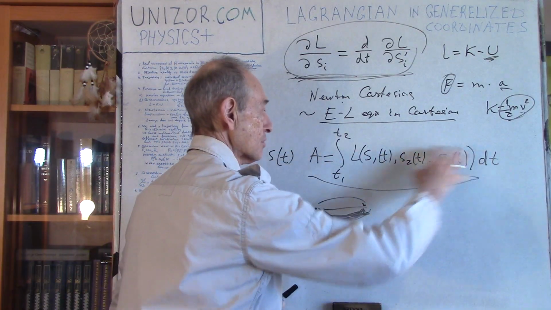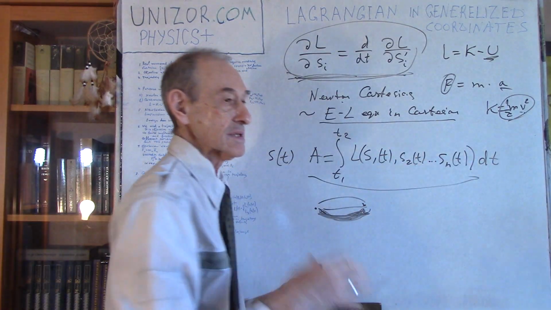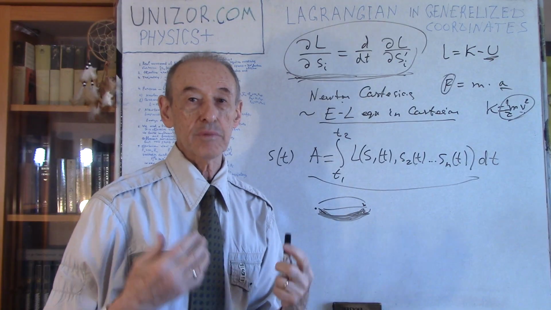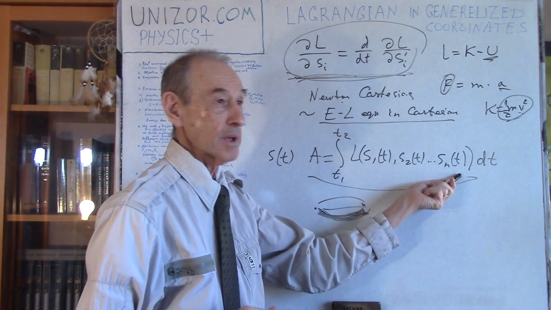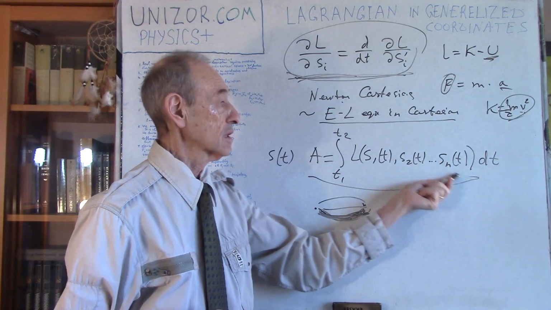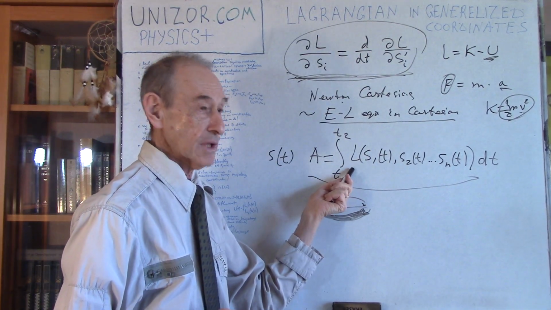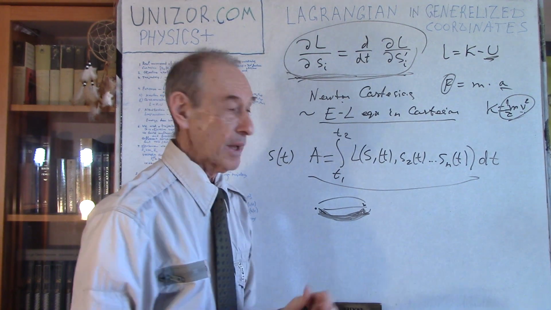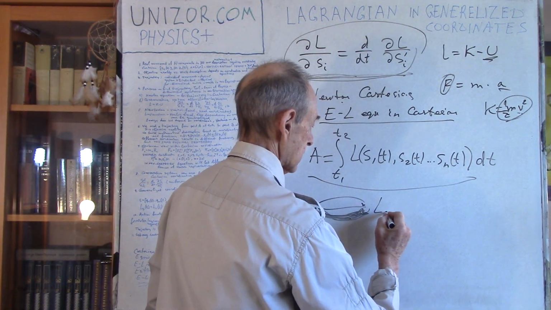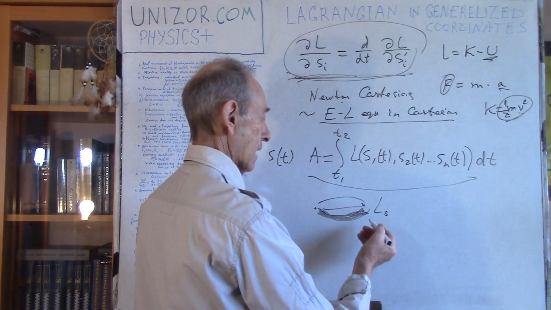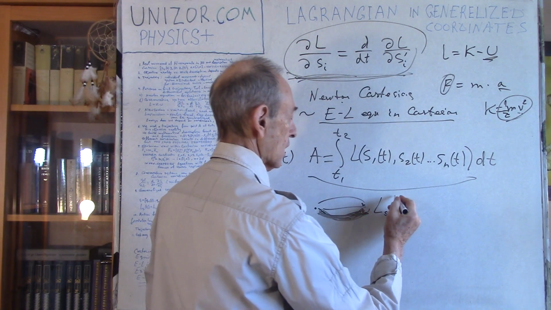Because extremizing this functional is independent of the system of coordinates, because this point is exactly the same no matter which system of coordinates you're using. Therefore, the value of the function L is independent. So L, one way is, let's say, in system of coordinates S, the Lagrangian looks like this.